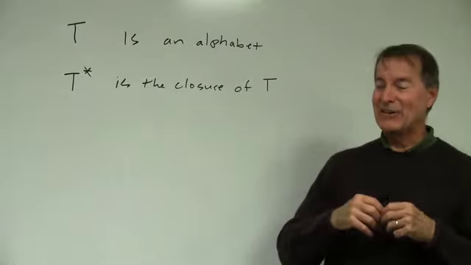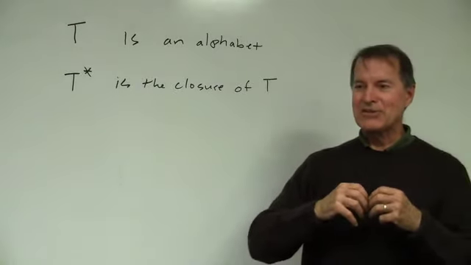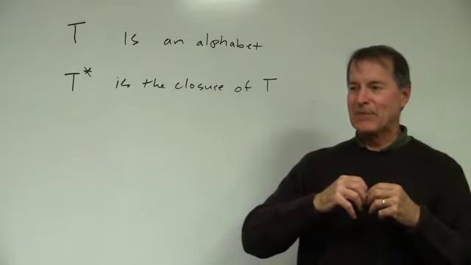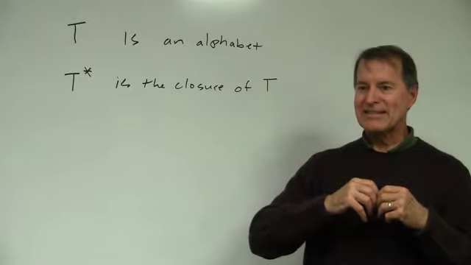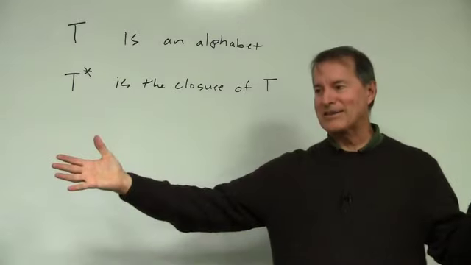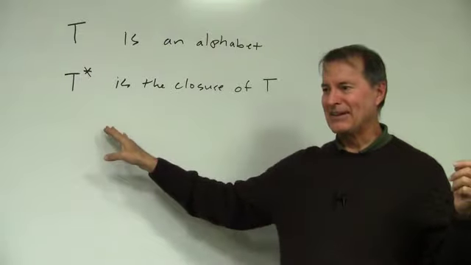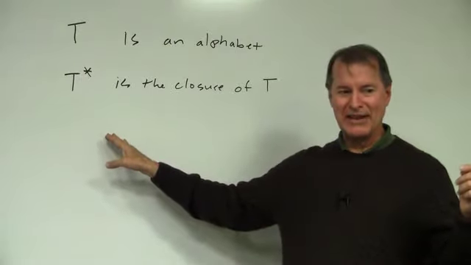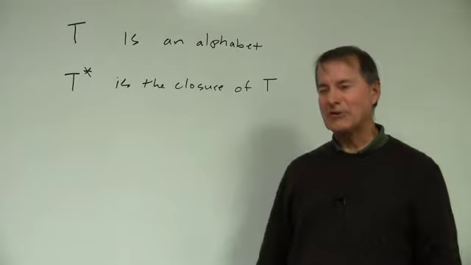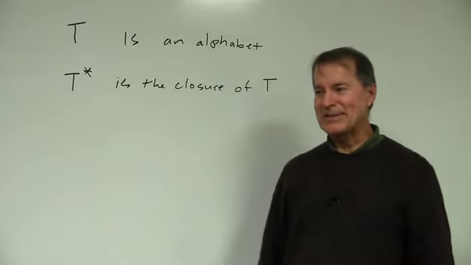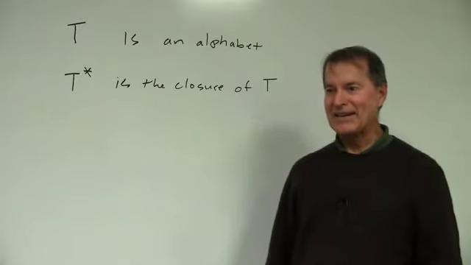Good, so this is a review for some of you. The closure is the set of all possible strings from the letters of the alphabet in that language. Now, I want you to realize how big that is.